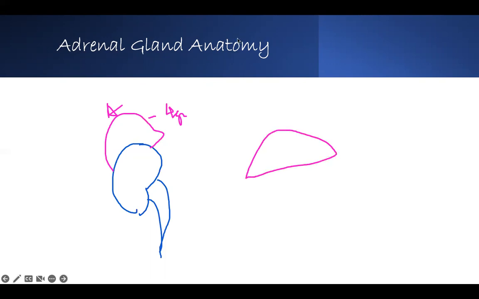It has 2 parts. It has the inner portion, which is called the adrenal medulla, a fancy word, and the outer core, which we call the cortex. There are 2 parts because they do different, very important functions.